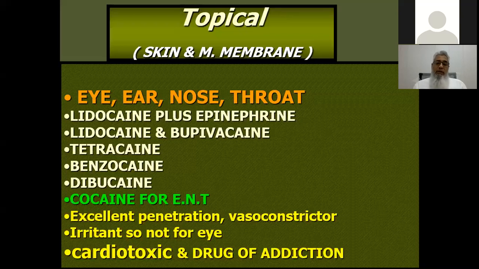So it acts as a vasoconstrictor as well as for anesthetic purpose. For this purpose, other local anesthetics can also be used: lidocaine in combination with epinephrine, lidocaine, bupivacaine, tetracaine, benzocaine, dibucaine. Articaine can be used for dental surgery.